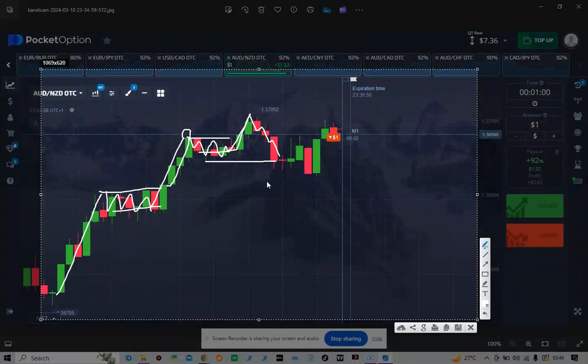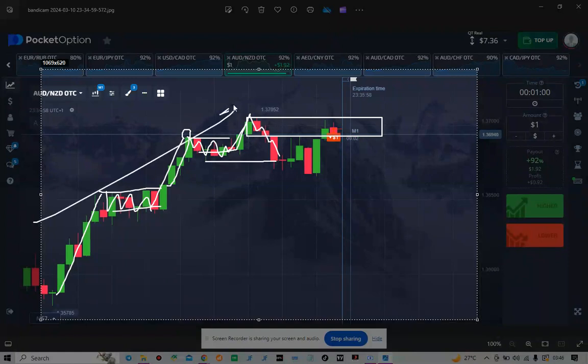Next, my point of interest: I'll be waiting for the price to close inside this order block zone, this green candle, because this is the last green candle after this bullish movement, before sellers push the price down.